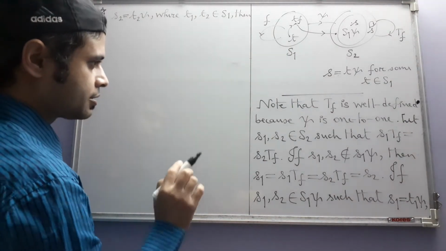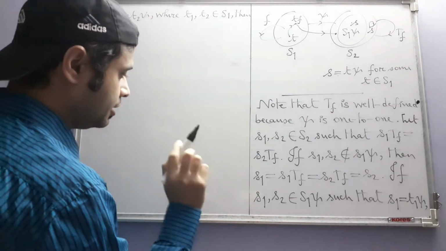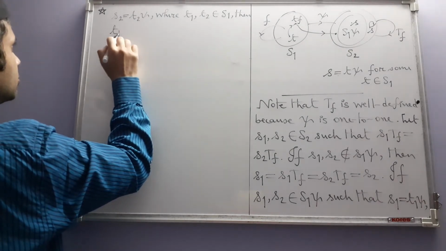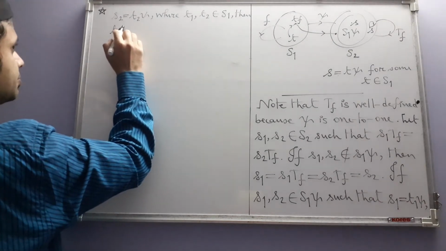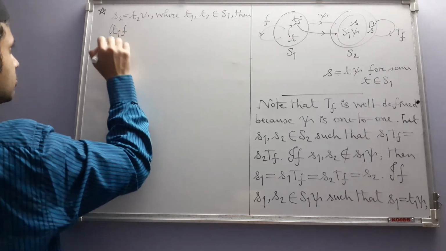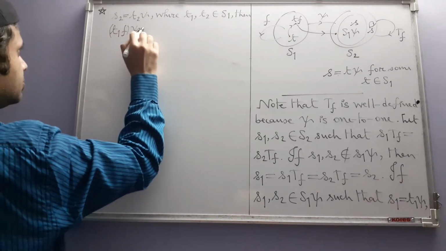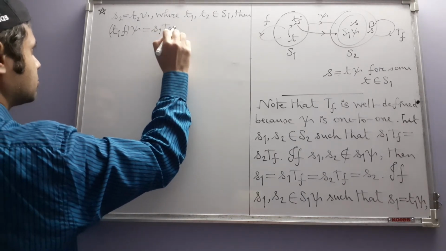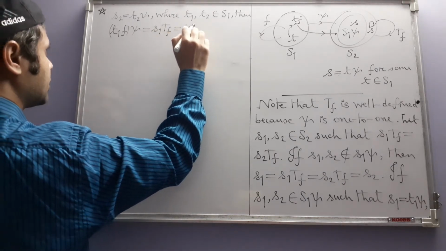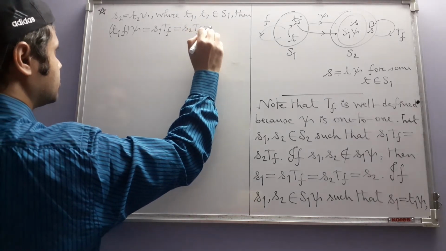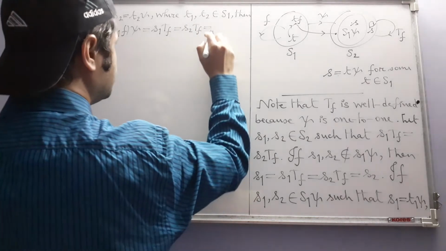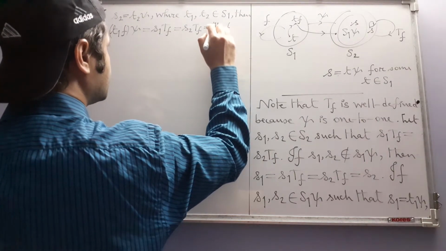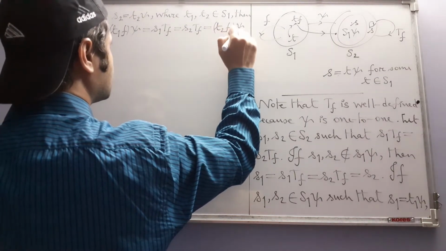Then in that case, according to the definition of TF, this is T1F psi. This is S1 TF, which according to our assumption is S2 TF, and that is equal to T2F psi.